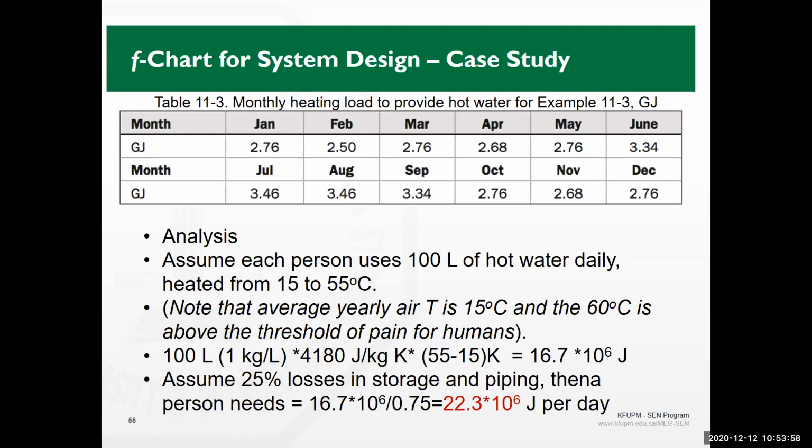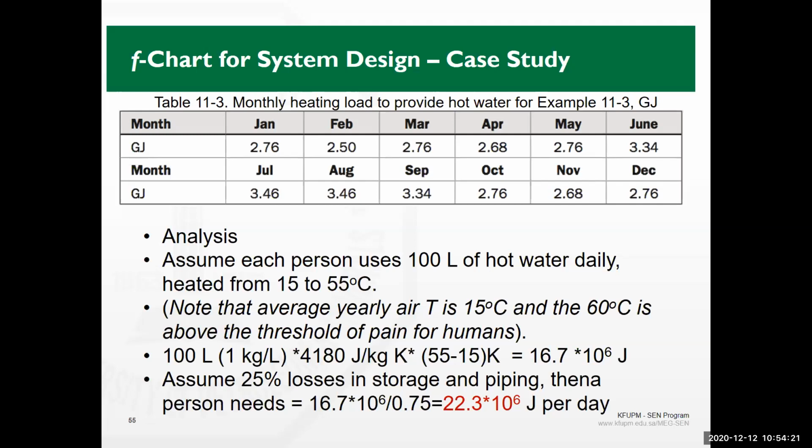Accordingly, the load can be calculated here. We have 1 liter, I'm talking about 1 person now, m, CP 4180, and the delta T 55 minus 15. So this is going to provide us with a value of 16.7 times 10 to the power of 6 joules. Now I have to tell you that there are a couple of ways to do the calculations.